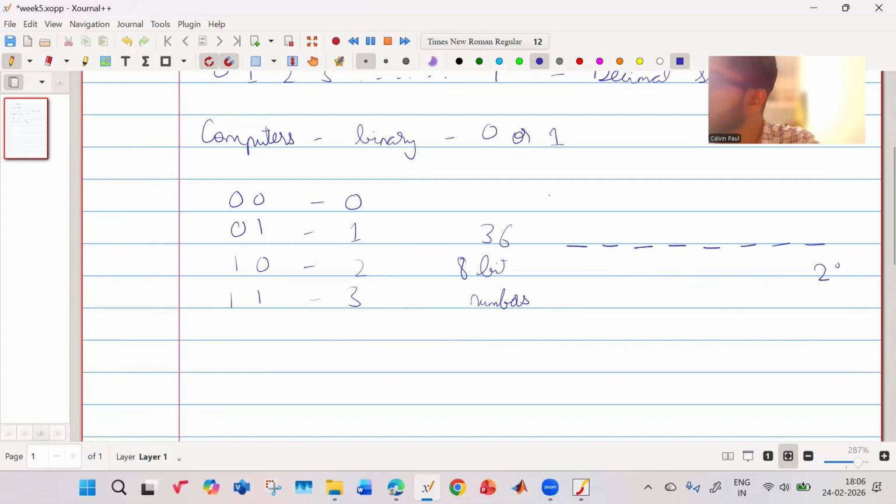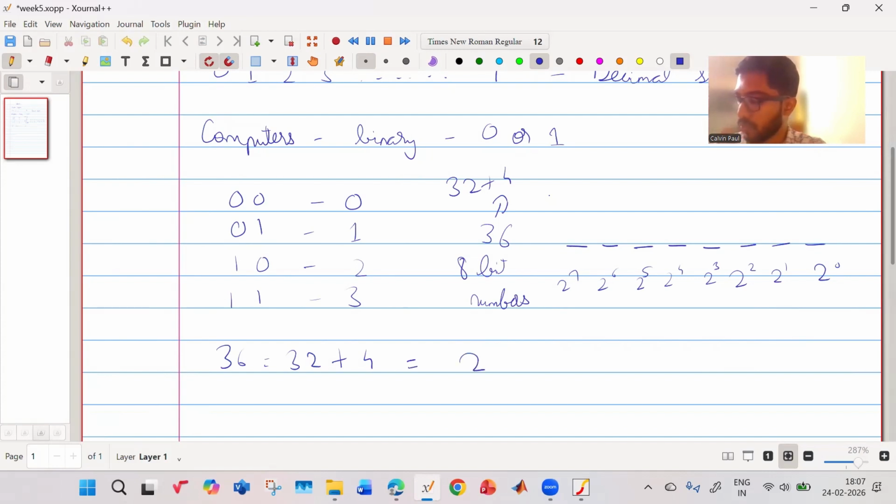This is 2 raised to 0, this is 2 raised to 1, 2 raised to 2, 2 raised to 3, 2 raised to 4, 2 raised to 5, 2 raised to 6, 2 raised to 7. Now, 36 can be written as 32 plus 4. Since 36 is 32 plus 4, with 2 raised to 4 being 16 and 2 raised to 5 being 32, it is 2 raised to 5 plus 2 raised to 2.